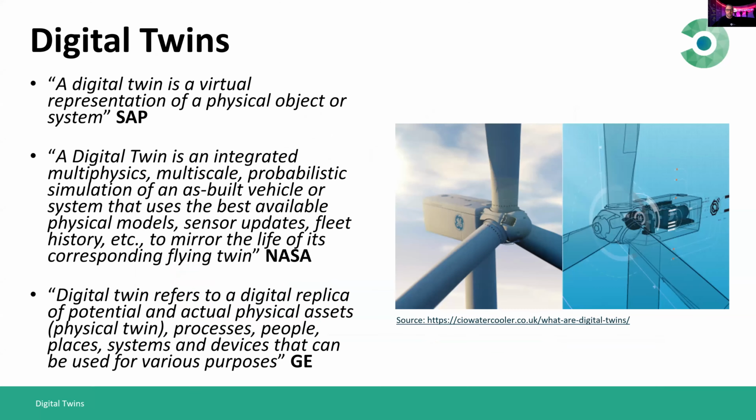So we have definitions of digital twins. There are actually many definitions; those are 3 selected ones. SAP defined a digital twin as a virtual representation of a physical object or system. GE said a digital twin refers to a digital replica of potential and actual physical assets, physical twins, so real-world scenarios, processes, people, places, systems, and devices that can be used for various purposes.